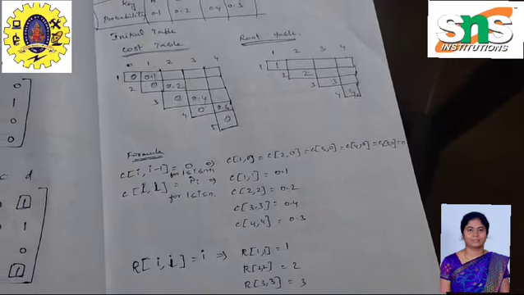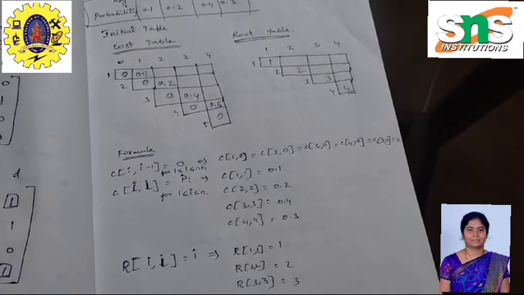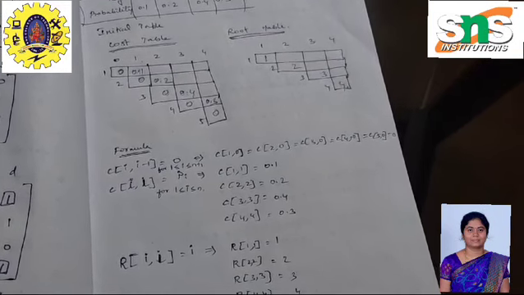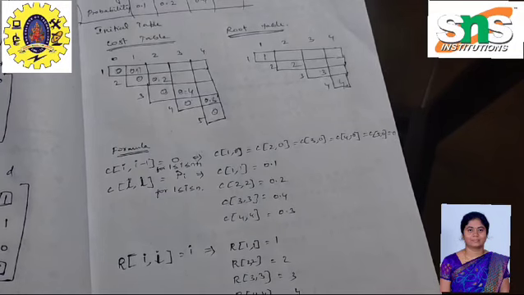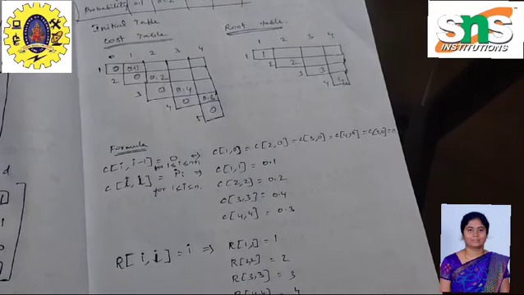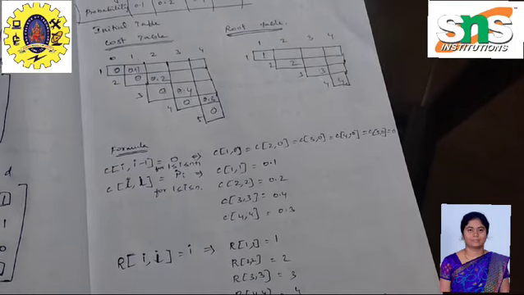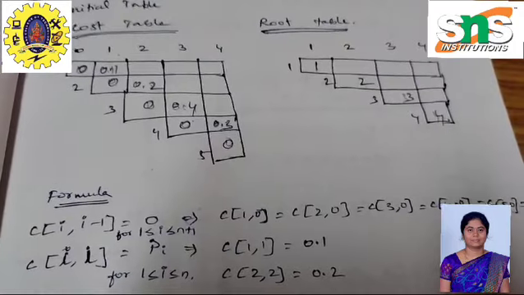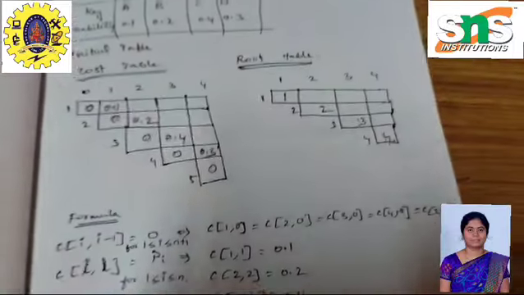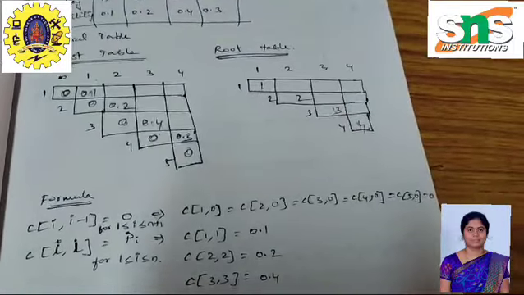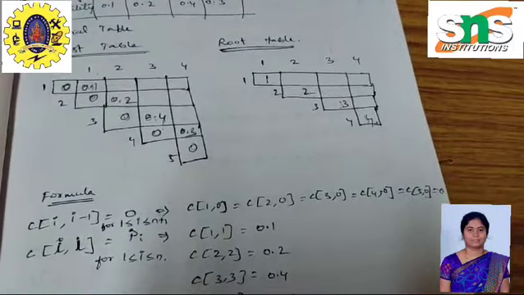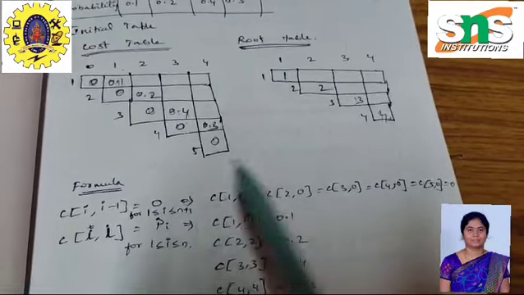For the remaining cells we are supposed to calculate using the formula. We are supposed to calculate the root value and cost value for this particular sum. So after filling the root table and cost table, the remaining cells we have to identify.